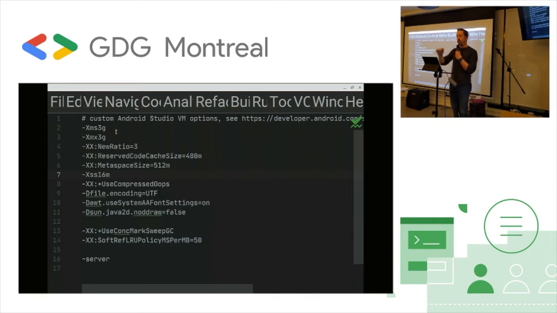The first one is the minimum memory that you need when you open Android Studio. The second one is the maximum that it's going to use. Basically, I just want to be sure that the OS doesn't think that some of that 3 gig is available for something else and give it to someone else, start swapping and so on. So I just set 3 gig as the minimum and the maximum, and it works quite well for me. The new ratio, I have no idea what it does.